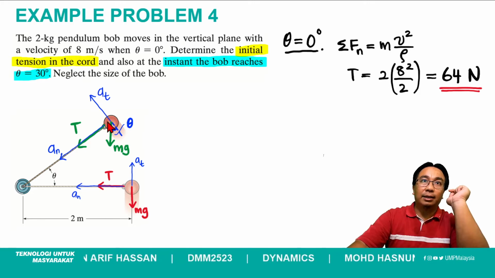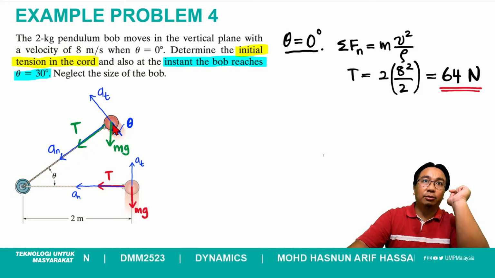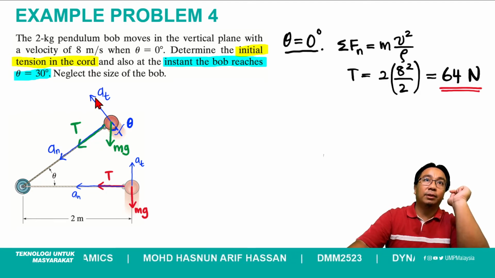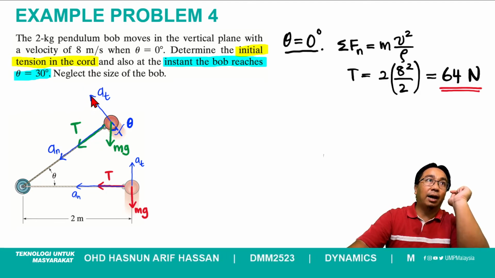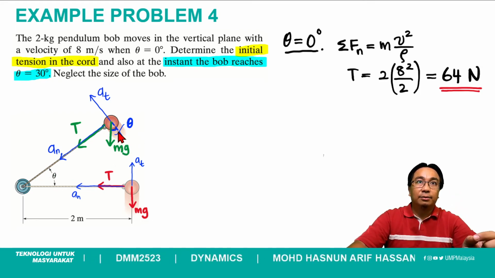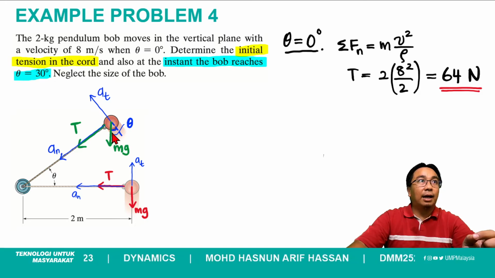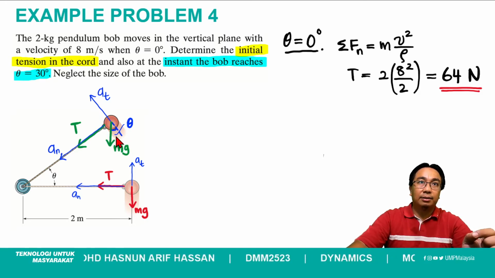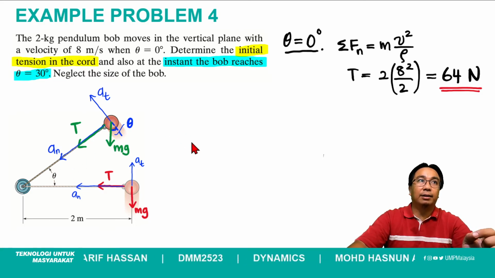The normal will be 90 degrees to the tangent, pointing to the center, in the same direction as the tension. The tangential axis will be pointing up this way. So we have theta here, which means the angle between mg and the tangential axis is also theta, the same angle.